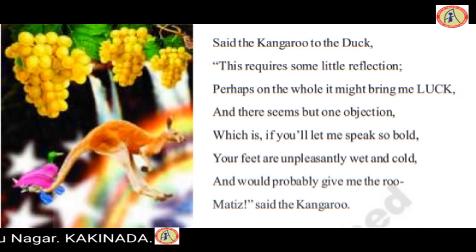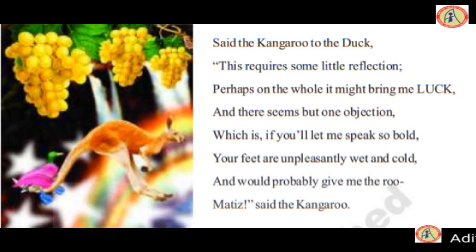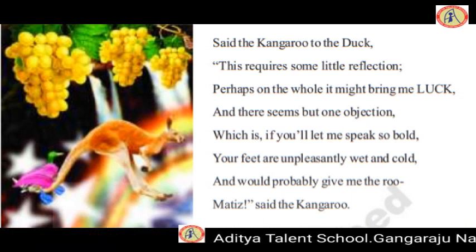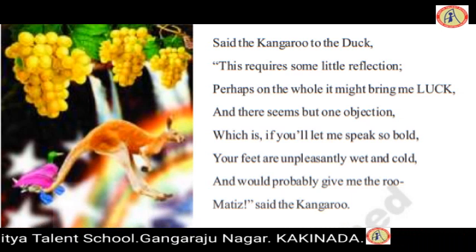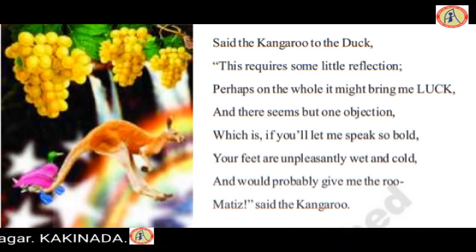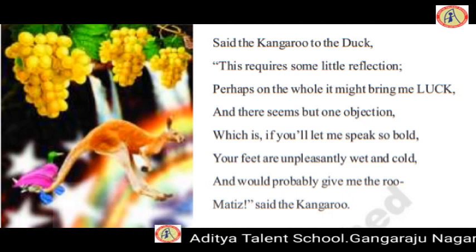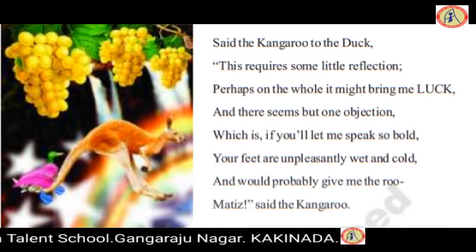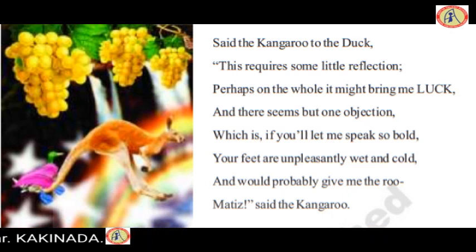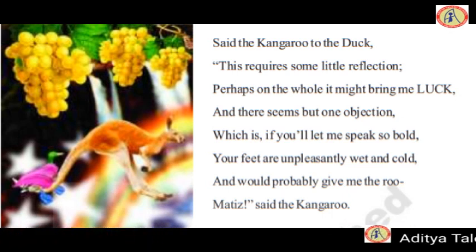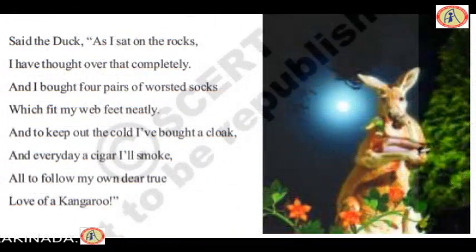Unpleasantly wet and even cold, and they'd probably give me rheumatism. Rheumatism is a disease that makes the muscles and joints painful. So the kangaroo says that if your feet touch my body, I will feel rheumatism due to wet and cold, said the kangaroo. In the fourth stanza, said the duck.